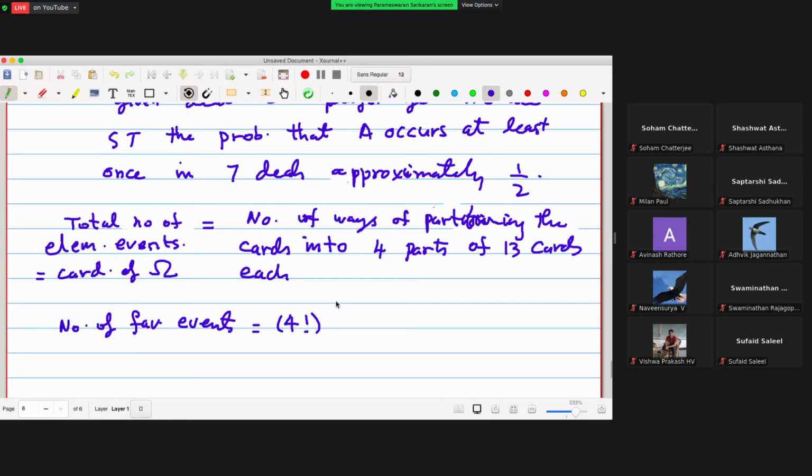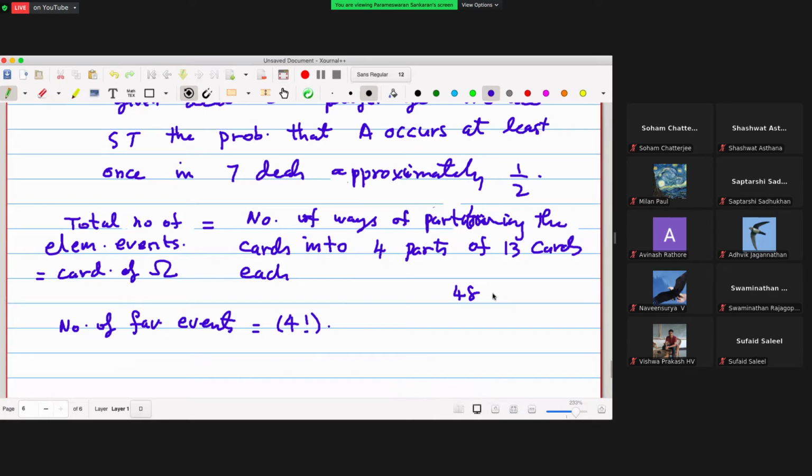See, you have these 4 aces that can be distributed among 4 people in 4 factorial ways. Okay, times the remaining thing, it doesn't matter how you distribute it. There are 48 cards in all, but you must make them into piles of 12.